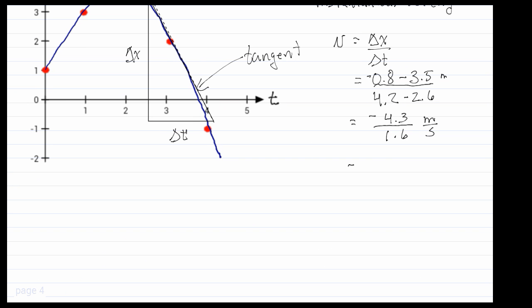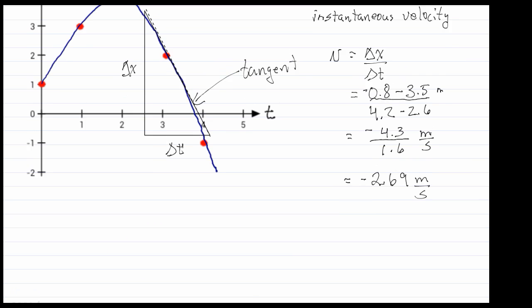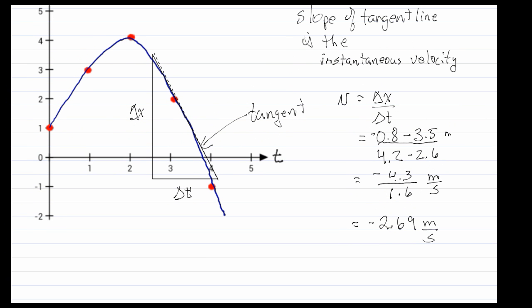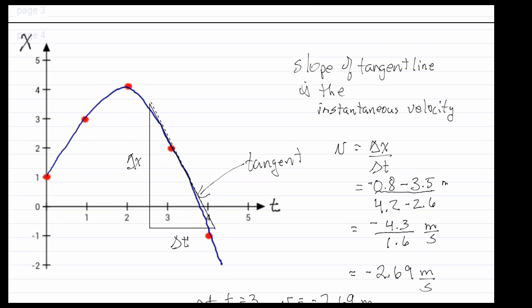So this is negative 2.69 meters per second. So at that instant, at t equals 3, our instantaneous velocity is negative 2.69 meters per second. So that's how we can find the instantaneous velocity.